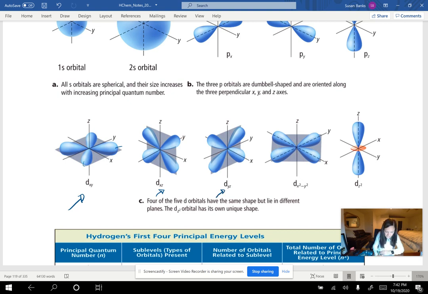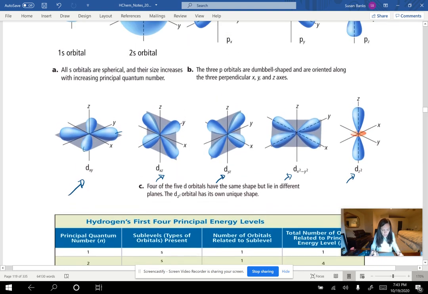We have dyz that is on the yz plane, but in between the axes. And we have dx squared minus y squared, which is within the xy plane, but right on the axes. And then we have our dz squared, which is our oddly shaped one with the hourglass with the donut in the middle along the z-axis, okay?